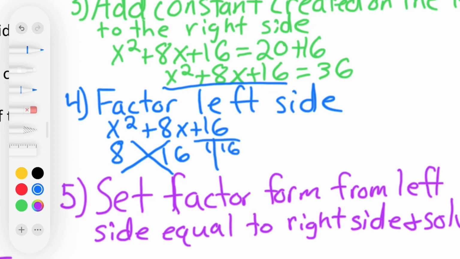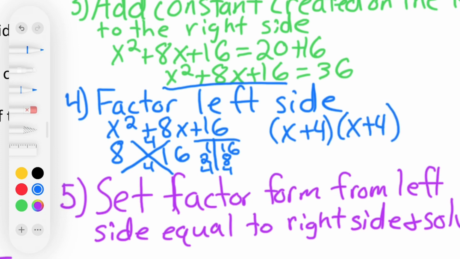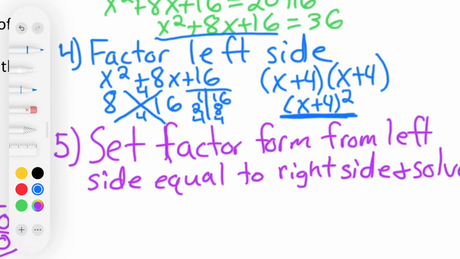Well, 1 and 16 doesn't work. 2 and 8 doesn't work. 3 doesn't go into it evenly. 4 and 4. Those are the magic numbers we're looking for. So we have x plus 4 times x plus 4, which is the same thing as x plus 4 squared, and that is what we want going forward.